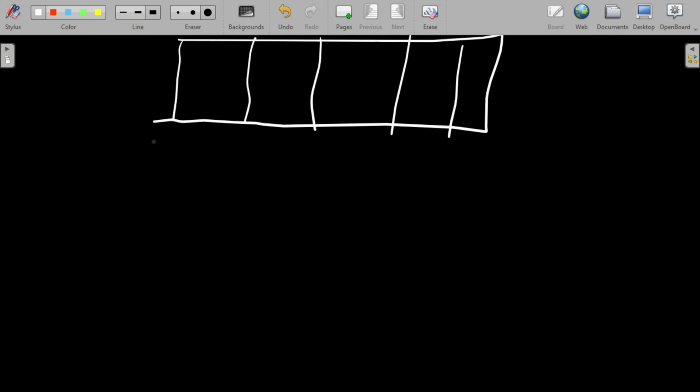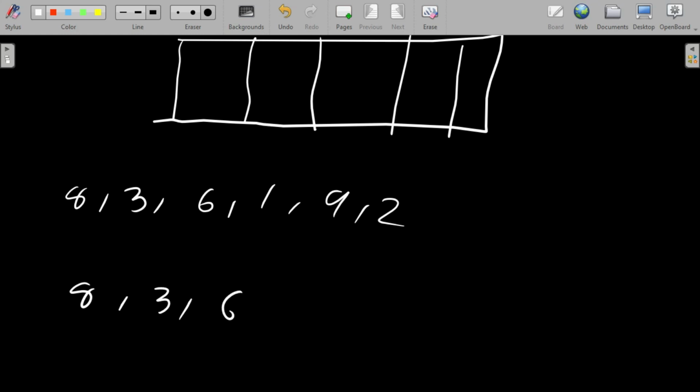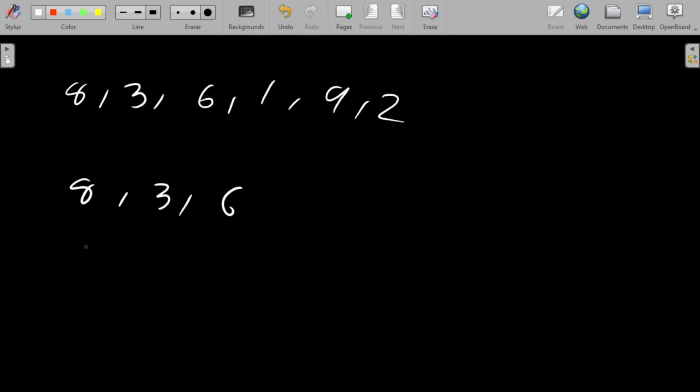Let us take our previous example: 8, 3, 6, 1, 9, 2. First step, we need to divide. We write 8, 3, 6 as one subarray and 1, 9, 2 as the second subarray. So we have divided this one array into two subarrays.